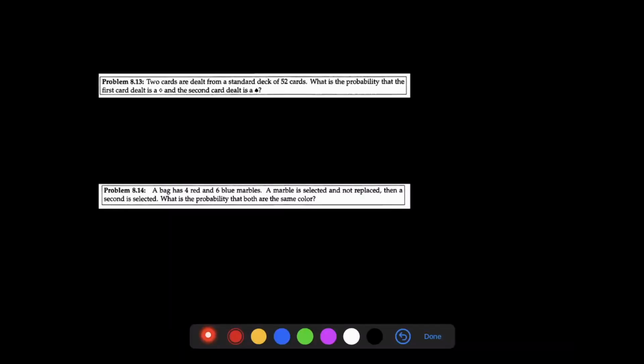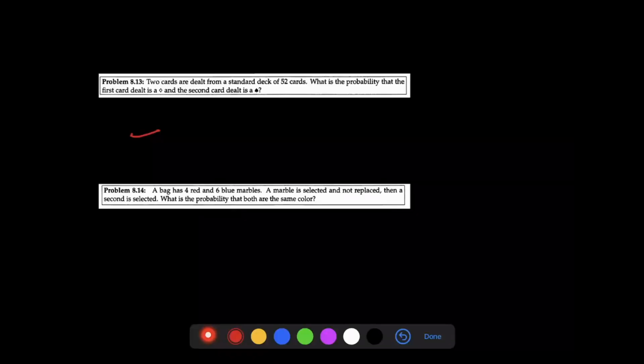But what if they are dependent? What if one does depend on the other one? Now what? Well, in this case, we can say, how many ways can the first card be a diamond? Well, it's 13 out of 52. And how many ways can the second card be a spade? Well, assuming the first card's already a diamond, in that case, it's 13 over 51.